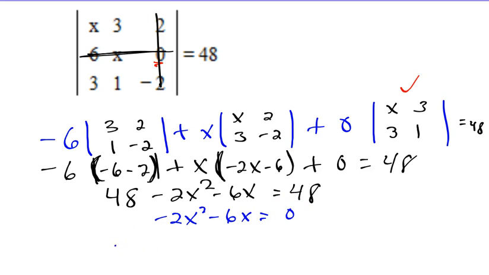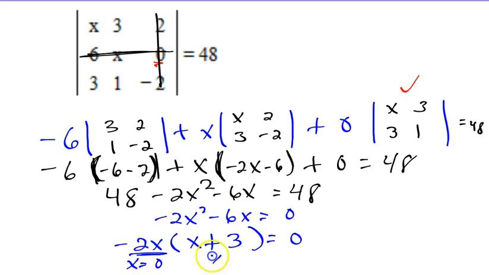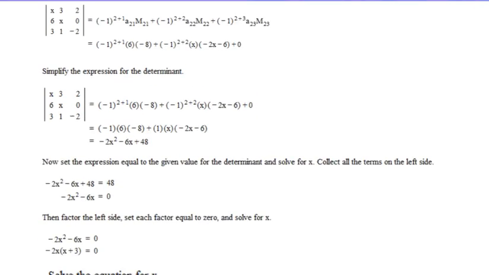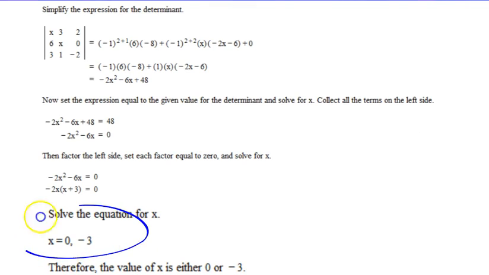I'll factor out a negative 2x, leave me with positive x plus 3, and set each factor equals 0. This equals 0 when x is 0, and this equals 0 at negative 3. And it looks like the author gets the same answers. Might have done just a little bit different method.